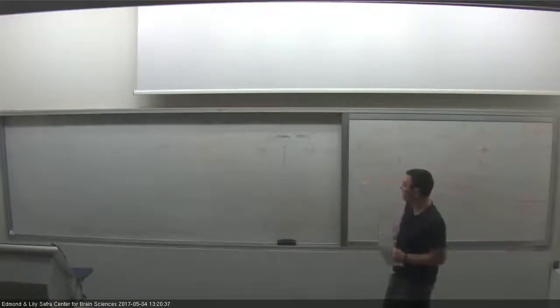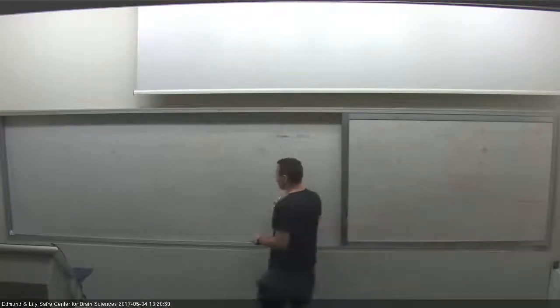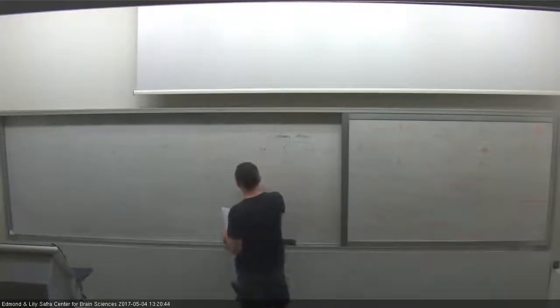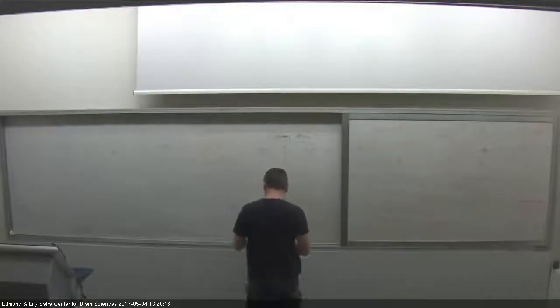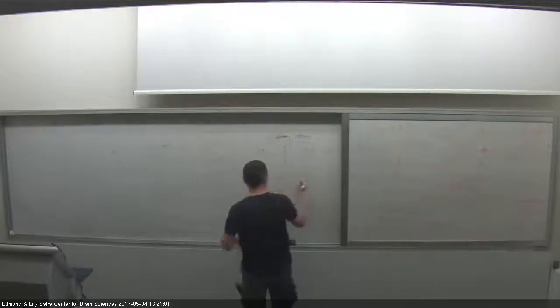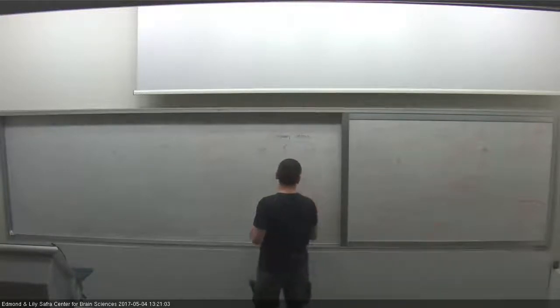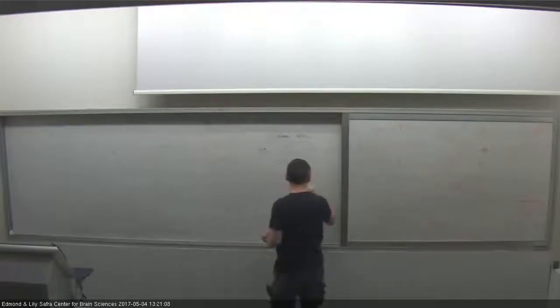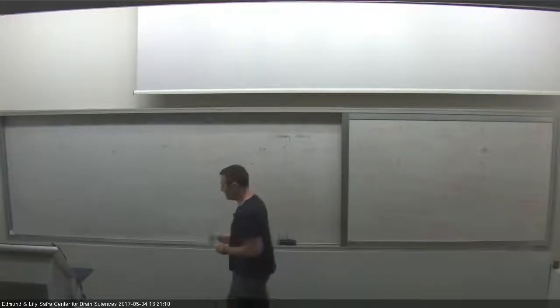The last piece of this model is something about the connectivity matrix, J ij. J ij is equal to 1 over N, sum over mu of P i mu P j mu, for i not equal to j, and J ii is equal to 0 when i is equal to j.